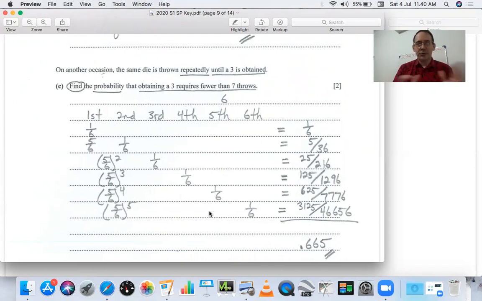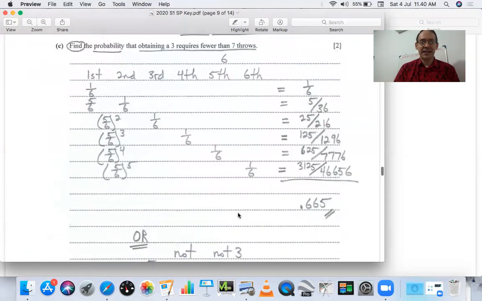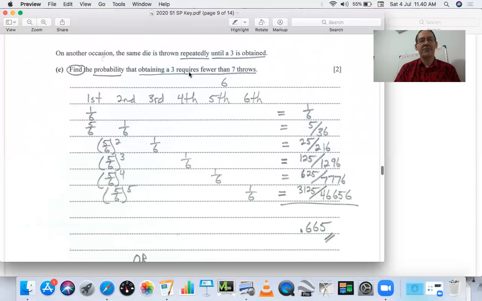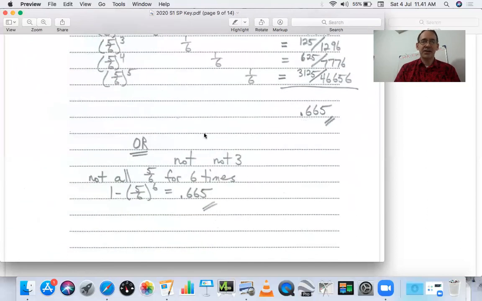However, you could have avoided the geometric method and done it in a simpler way by recognizing that if you have to have a 3 somewhere before the 7th throw, fewer than 7 throws, if you have to have a success in here somewhere, then that's the same thing as not having no 3s, or not having a not 3.